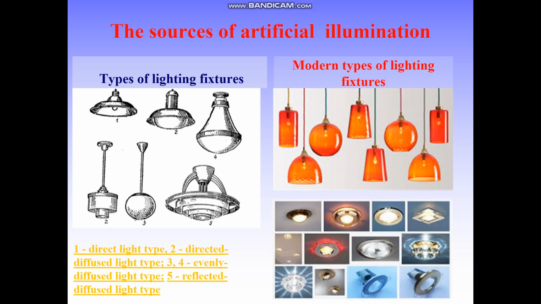There are lamps of direct, scattered, and reflected lighting. The lamps of direct light are usually filament lamps. Almost all light flux of these lamps is directed downwards, gives sharp shadow, and does not provide uniform distribution of the light. The bright glare of this lamp has a blinding effect.